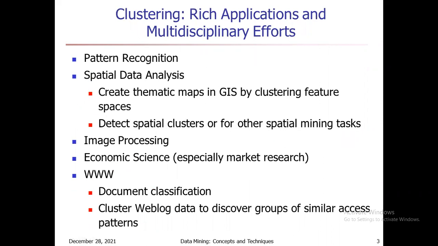Clustering has rich applications and multidisciplinary efforts: pattern recognition, spatial data analysis, image processing, economic science, document classification, and clustering Weblog data to discover groups of similar access patterns. These are the applications of clustering, meaning where exactly we are going to use it.